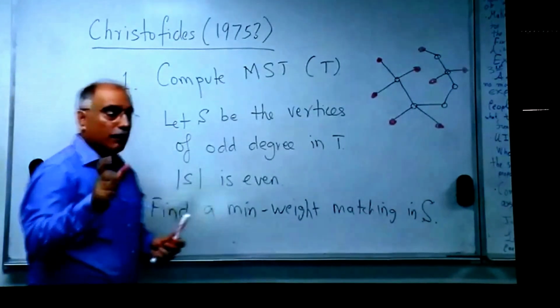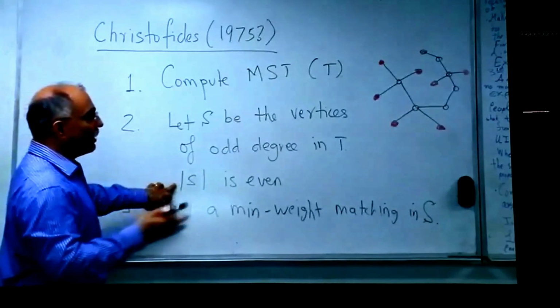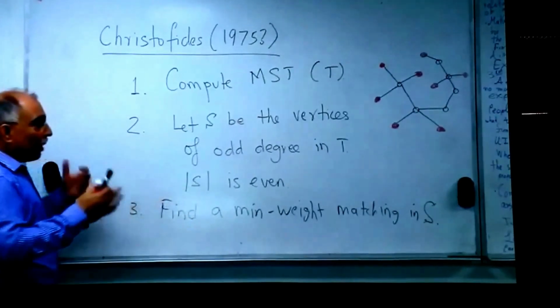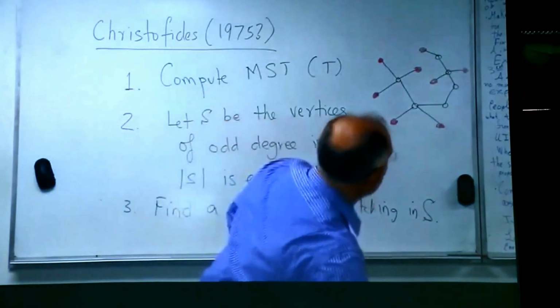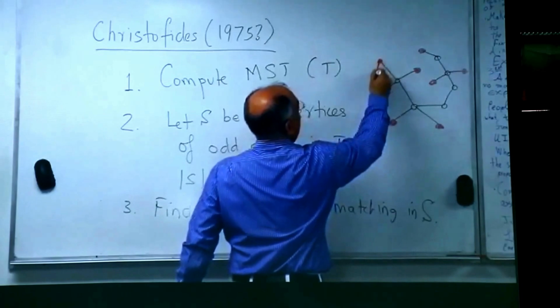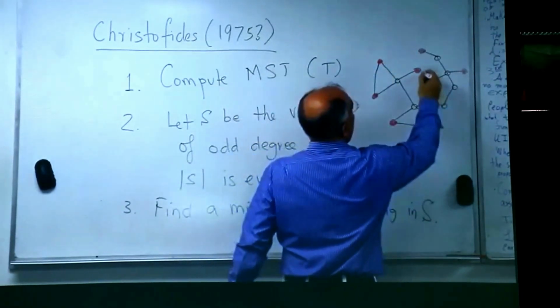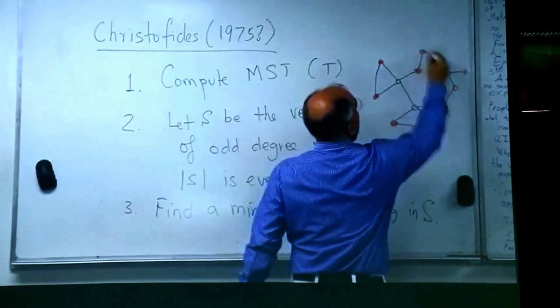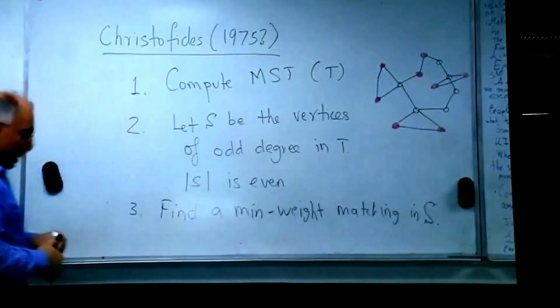A minimum weight matching is simply a pairing of all of these vertices in S, and as there's an even number of vertices, we know that they can be paired. And among all possible pairings, I want to find the one of minimum cost. So let me use a different color. For example, a minimum weight matching might look like pairing this pair of nodes, maybe pairing this pair of nodes, maybe this pair, and maybe that pair of nodes. Right? That could be one possible minimum weight matching.